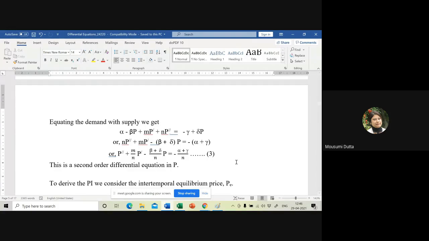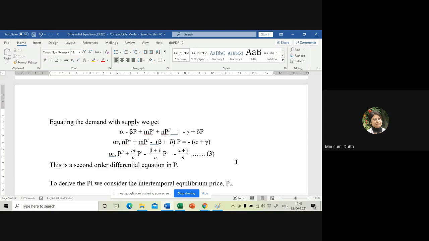By the way, when we consider this kind of characteristic equation, we always do that for the homogeneous form, because we are on the path to derive the complementary function. Whenever the complementary function is coming in the analysis, we have to concentrate only on the homogeneous form.